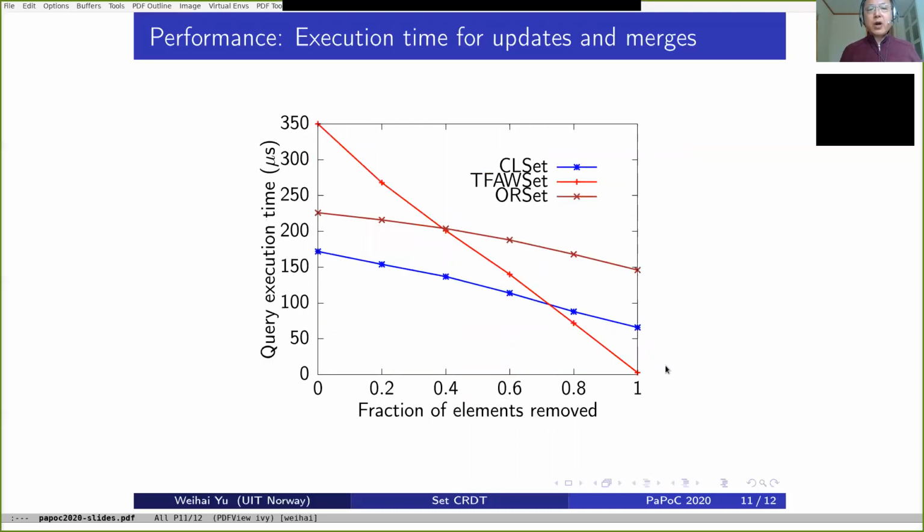When performing queries that return the elements of a set, CLSet still outperforms the other set CRDTs most of the time. Only when a majority of the elements are deleted, so actually when more than 2/3 of the elements are deleted, the tombstone-free add-wins set outperforms the other set CRDTs.